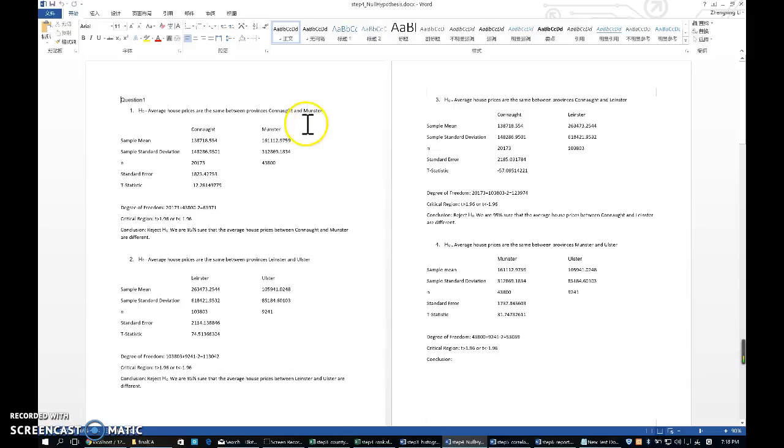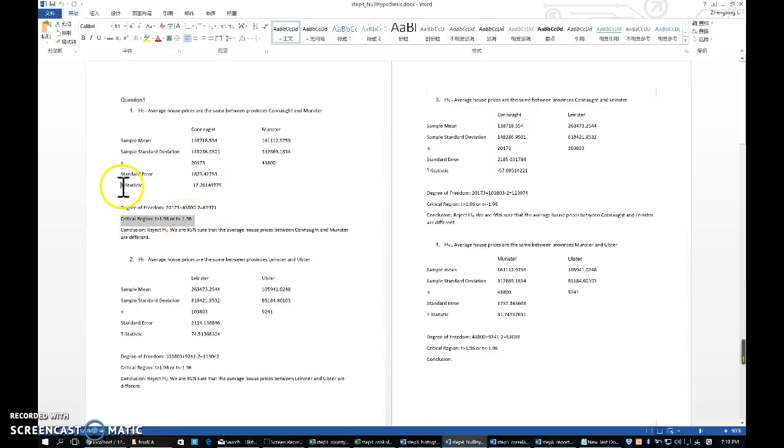We use Excel and MySQL queries to get the sample mean, standard deviation, sample size, and standard error, and according to this data, we get the t-statistic, which is minus 12.28, and the degrees of freedom, and according to this degrees of freedom, we get the critical region.